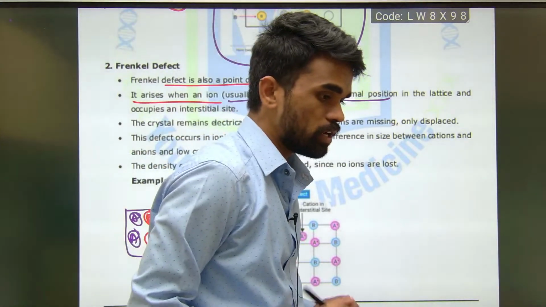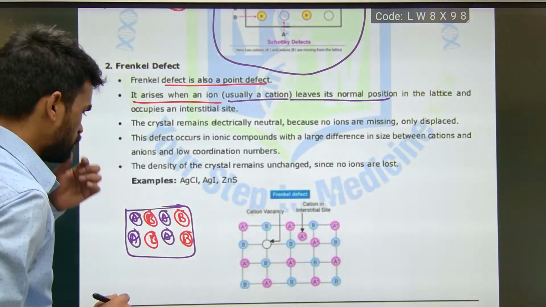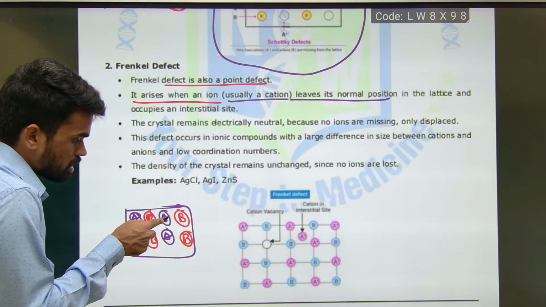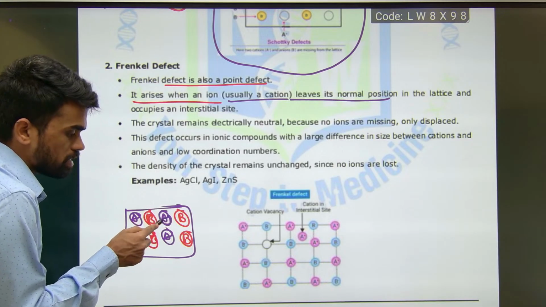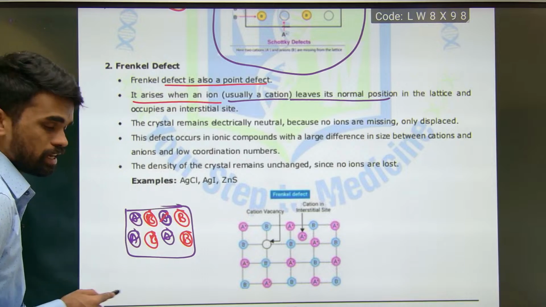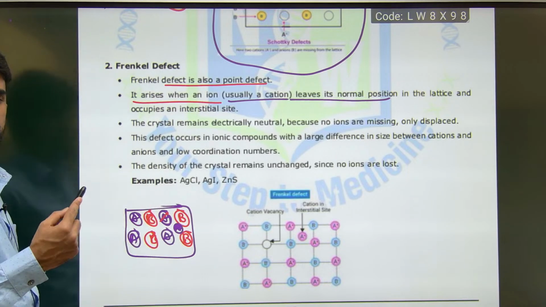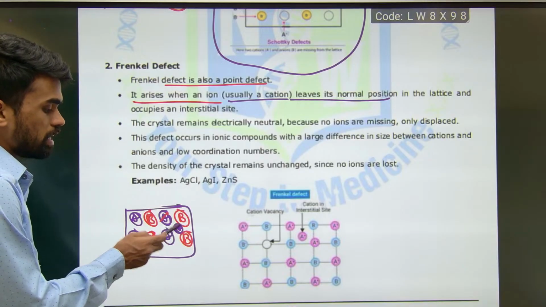Now, let us say this A is a cation. This cation, instead of occupying its original site, will occupy some random position somewhere in between, some other site. This is called an interstitial site.